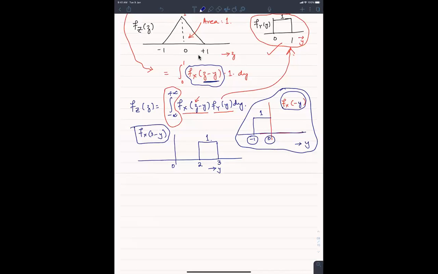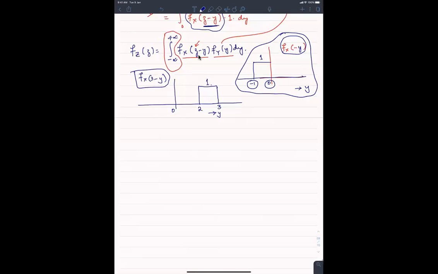What would be the shape of fx of z minus y? Fx of z minus y will look like this. यहाँ 0 है, ये z है, और ये z plus 1 है, and this is 1. Height is 1. This is fx of z minus y.